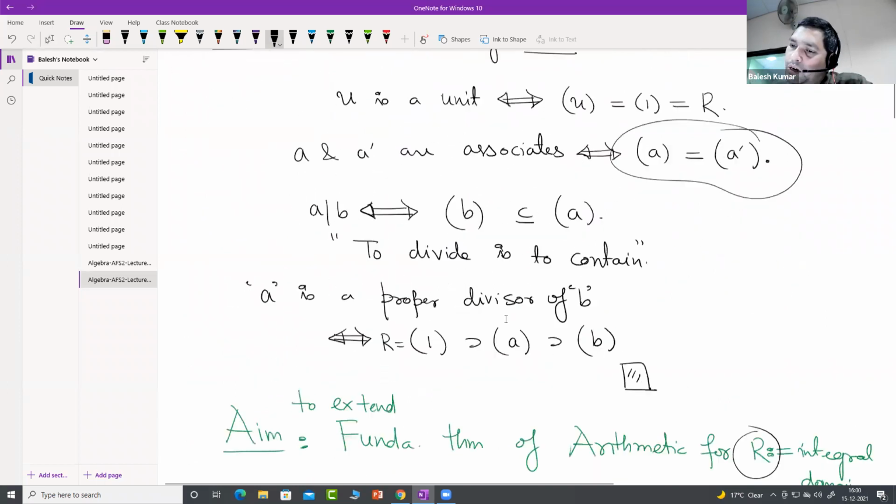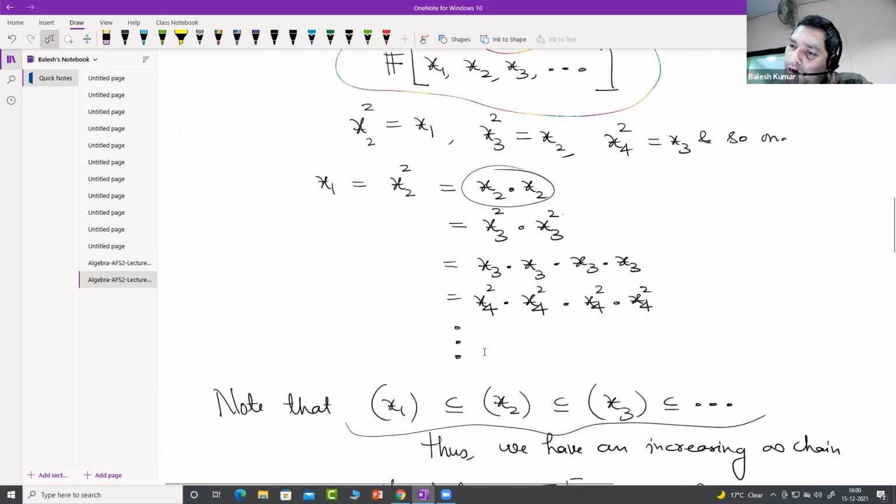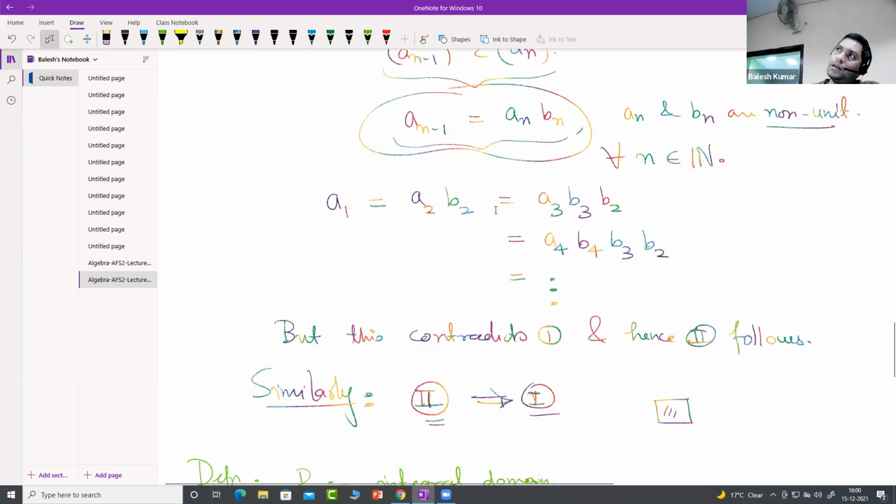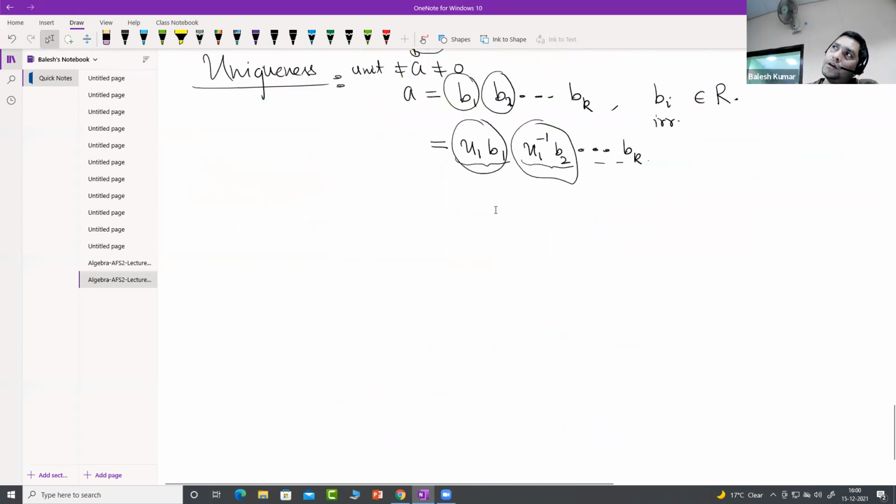But that goes in a different direction, where the factorization holds at the level of ideals. That has a different notion, the so-called Dedekind domain, and we will come to it in further lectures, if time permits.